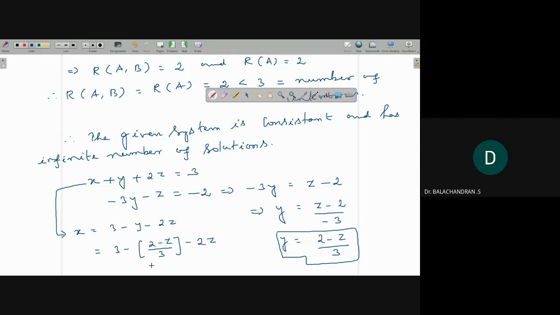If you take LCM 3, you'll get 9 minus 2 plus z minus 2z, divided by 3. Sir, minus 6z in the end.